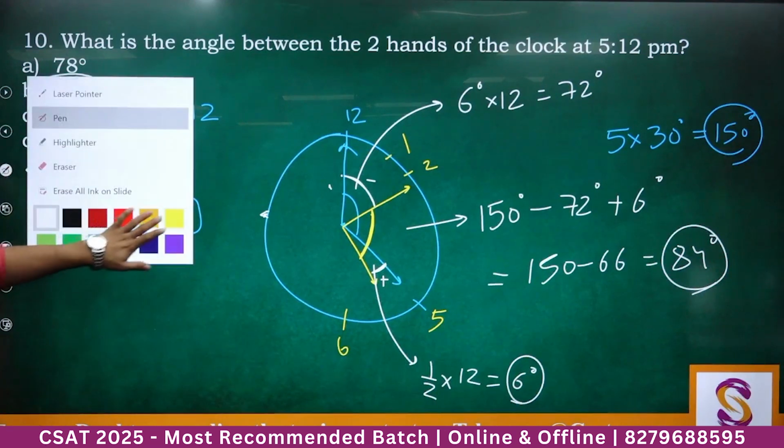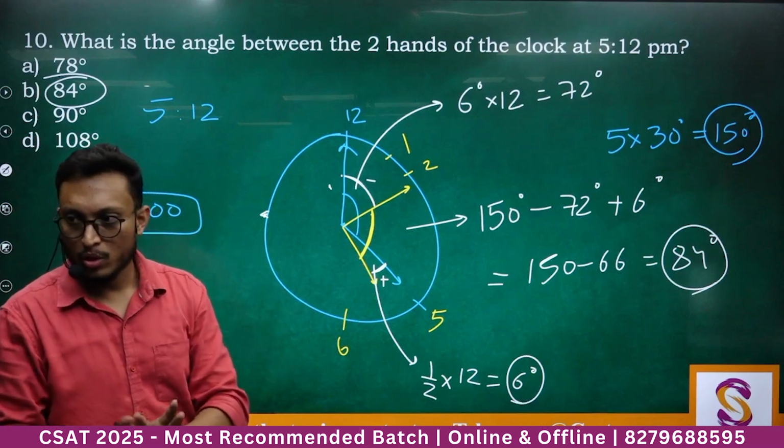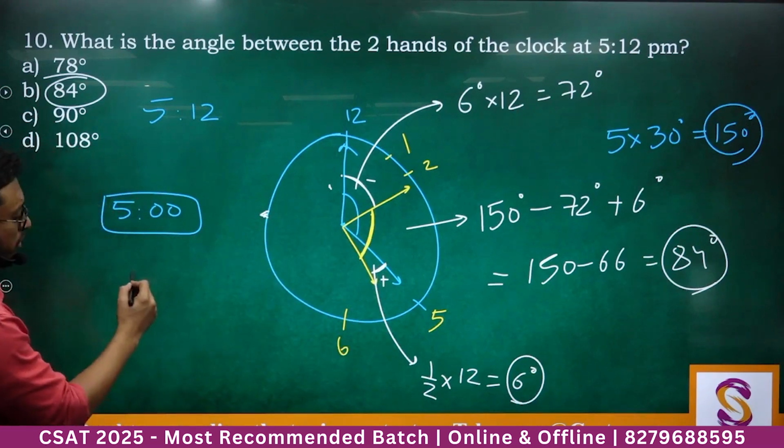See, it's not difficult. We are doing the same thing, but until now we were only dealing with one of the hands because the data was given to you like this.